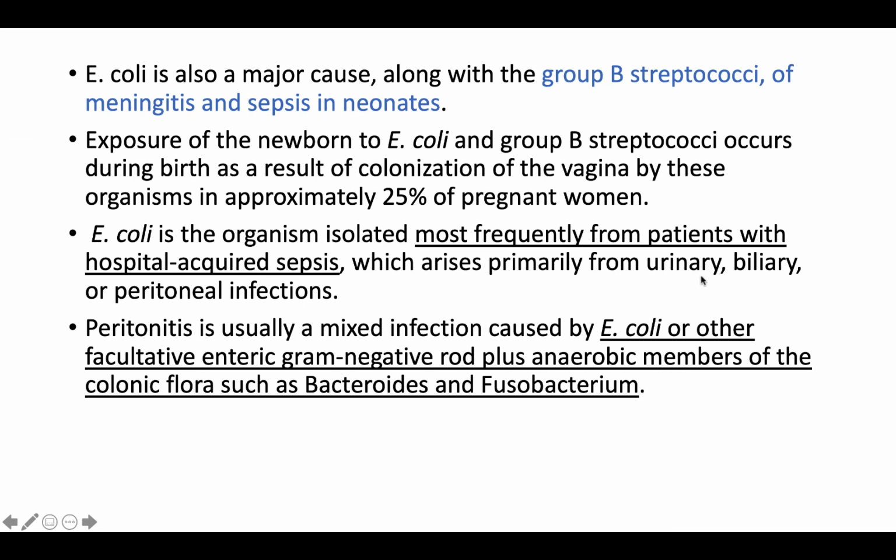This is very important. That is why the condition has the name urosepsis, because it is very commonly acquired, most frequently in hospital-acquired sepsis. Peritonitis is usually a mixed infection caused by E. coli and other facultative organisms. Why? Because everything from the gut will enter the peritoneum and cause peritonitis. E. coli is the dominant one, but you will have all the gram negatives and gram positives and anaerobes, all the flora in the gut will go down to the peritoneum.